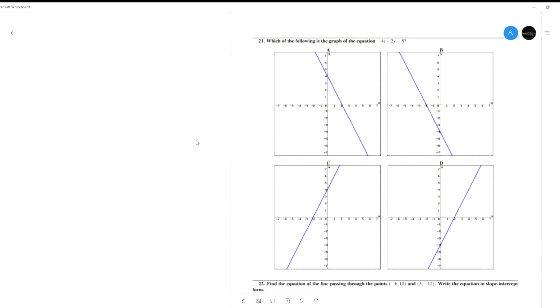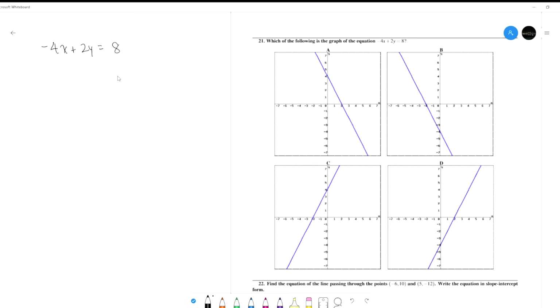We have negative 4x plus 2y is equal to 8. So we need to find the correct graph, right? Since it's multiple choice. You just find the x-intercepts and the y-intercepts, right?